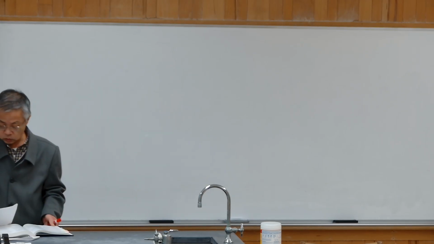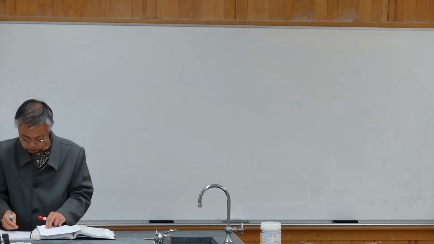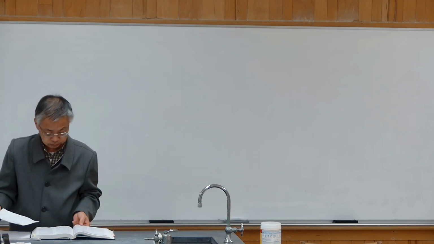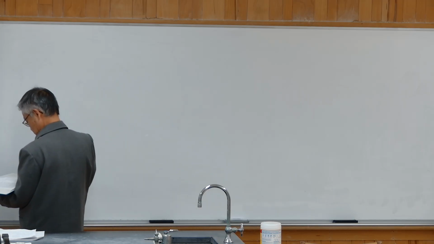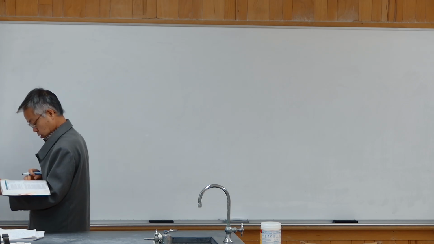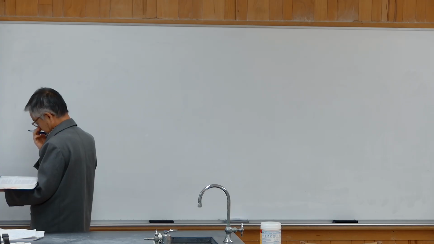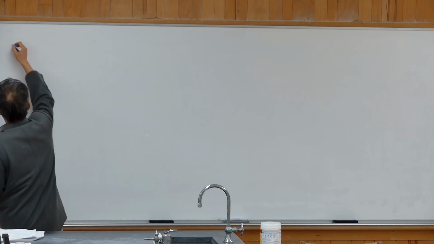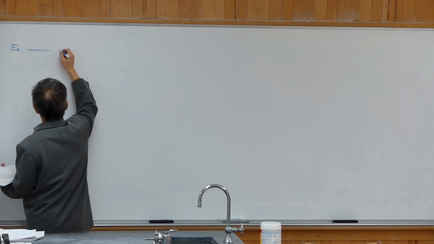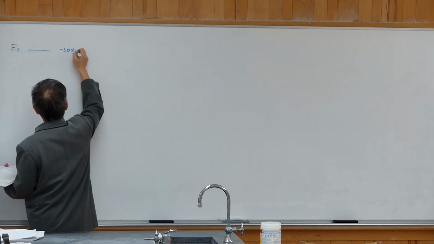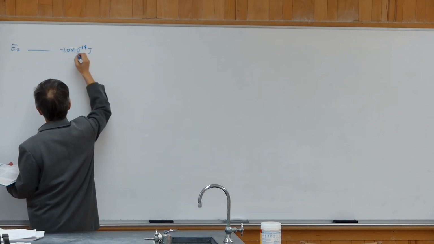Let's say the next one is number 29. Number 29, consider the following energy levels of a hypothetical atom. E4 is negative 1 times 10 to the negative 19th power joule.